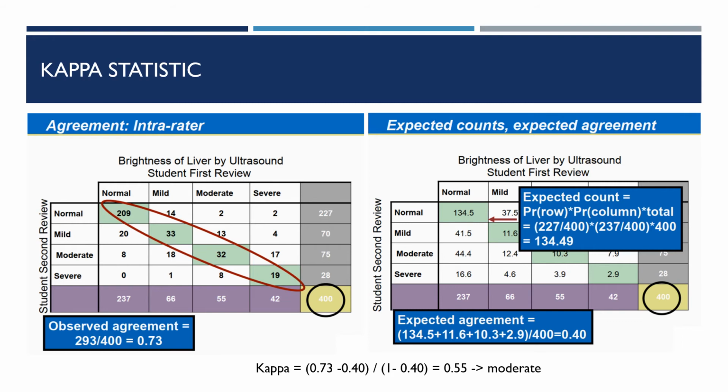Using the formula in the previous slide, we can calculate kappa. In this case, comparing the observed agreement with the expected agreement by chance alone, the kappa is equal to 0.55, which shows moderate agreement between the two measurements.